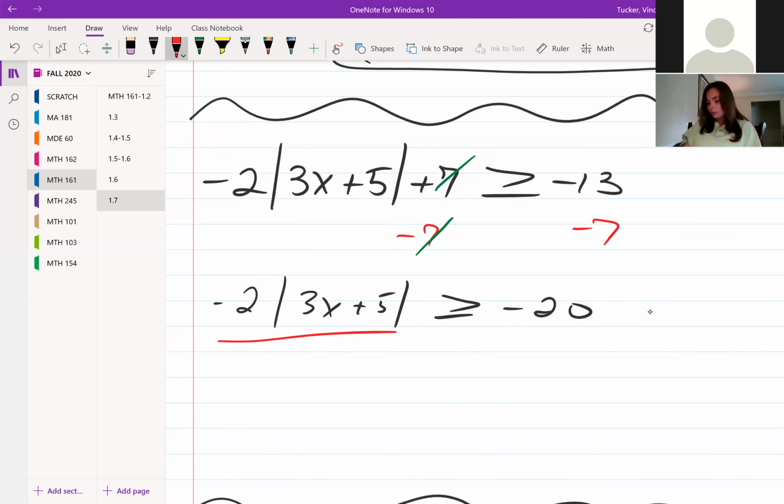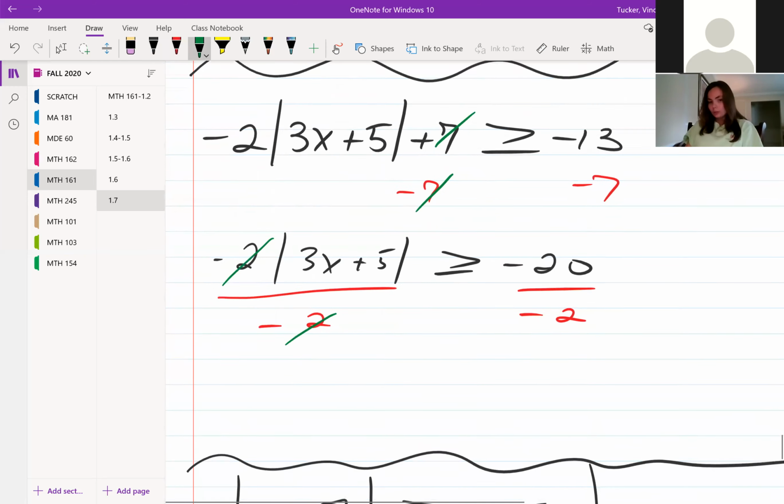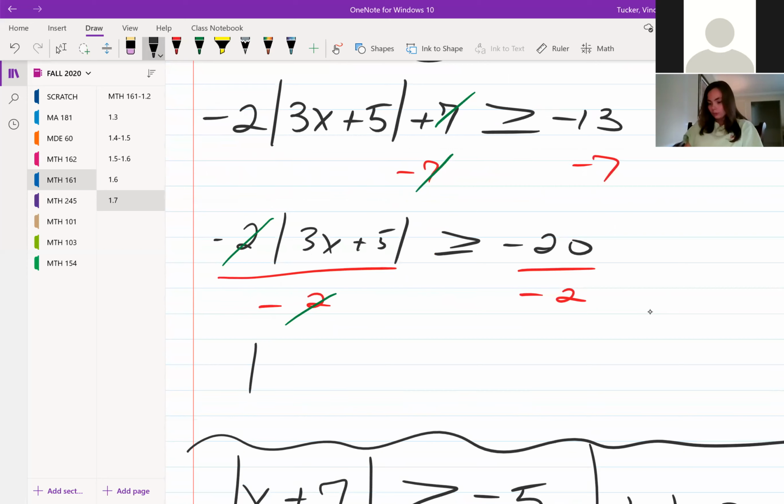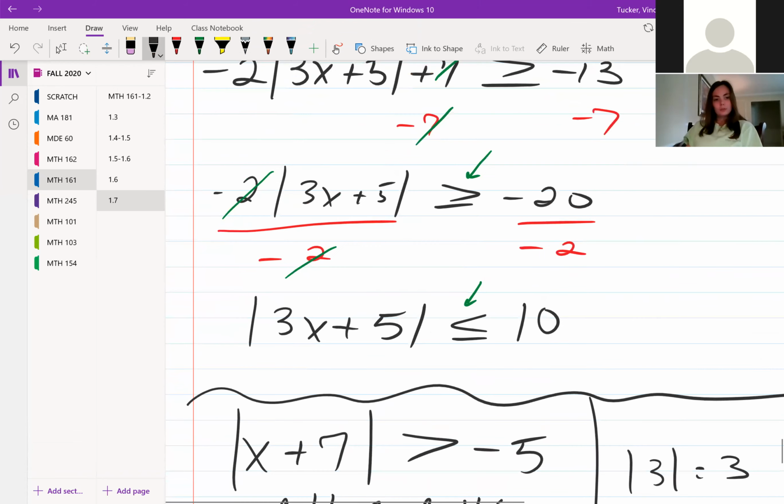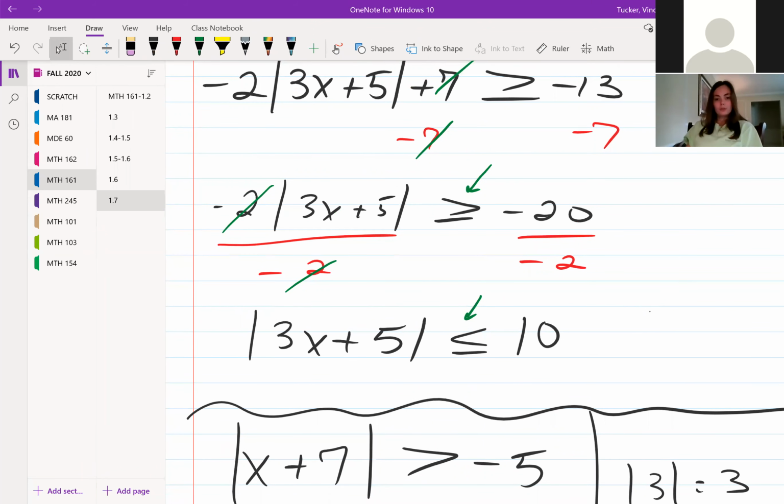Now we need to divide by negative 2. Negative 2's cancel. So we're looking at the absolute value of 3x plus 5. Now, don't forget, once again, we divided by a negative, so this greater than symbol needs to change into less than. And we have 10 on the right. Any questions before I go to the next step?